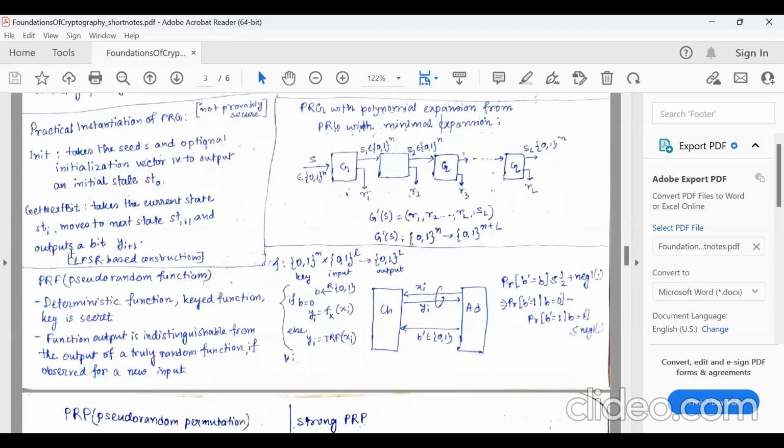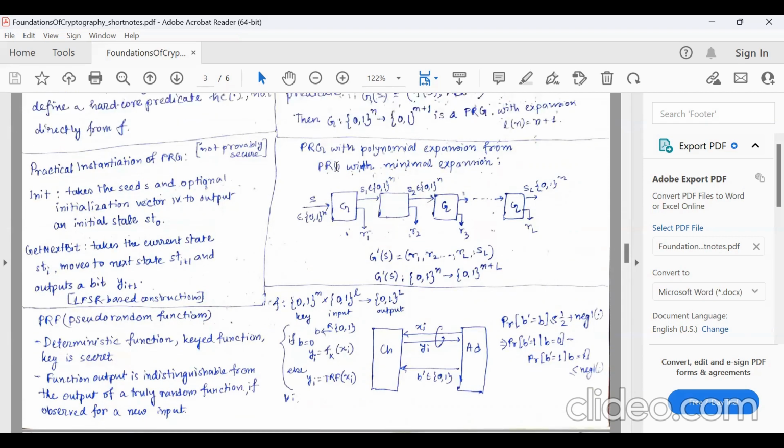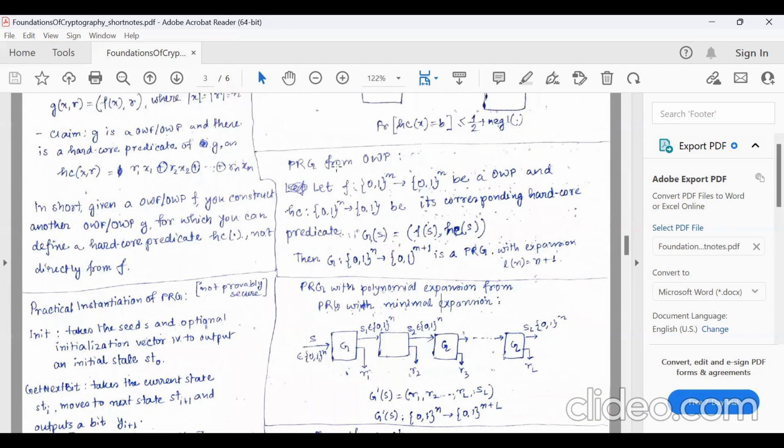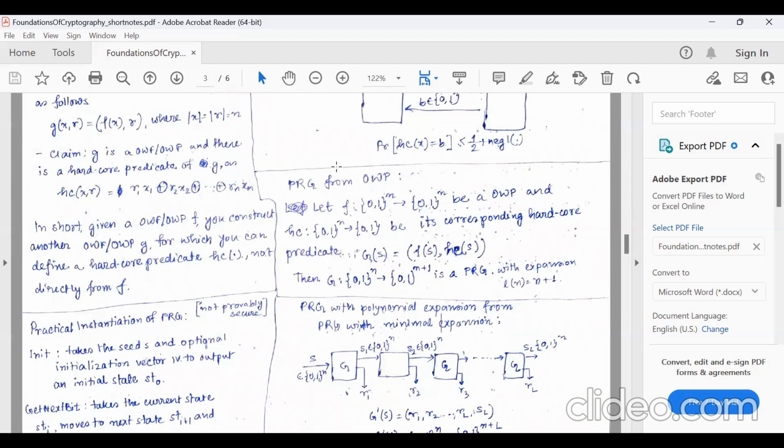And then let's talk about practical instantiation of PRG. So whatever we had seen here, the concept of OWF, then constructing hardcore predicate from OWF, and constructing PRG using this hardcore predicate, and constructing PRG with minimal expansion and PRG with polynomial expansion, all these are provably secure instantiations of PRG.